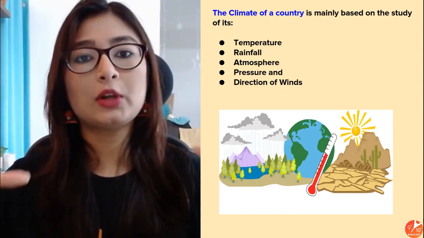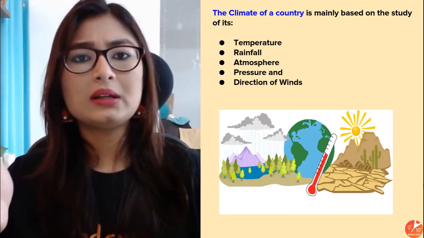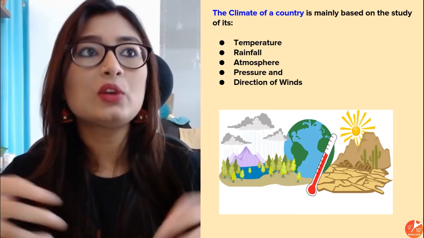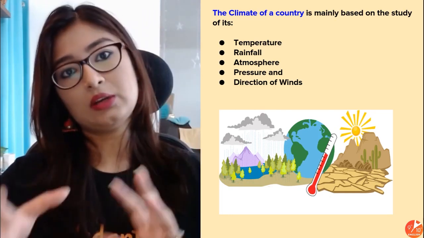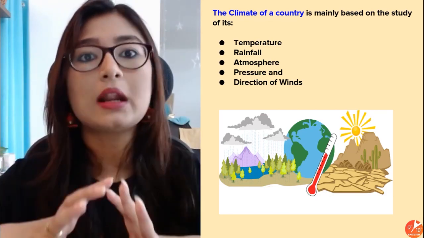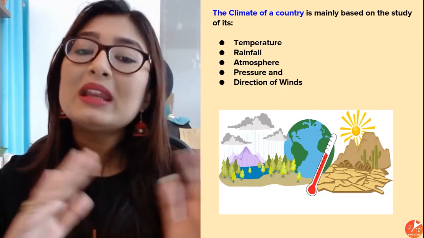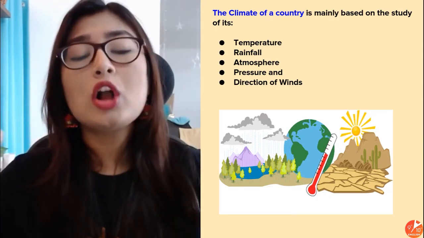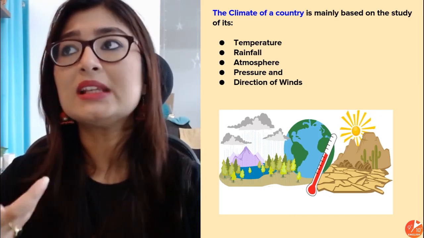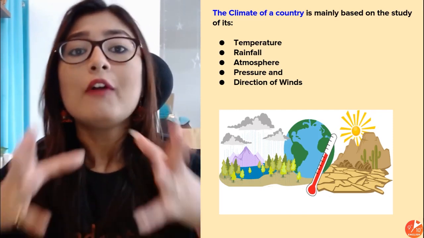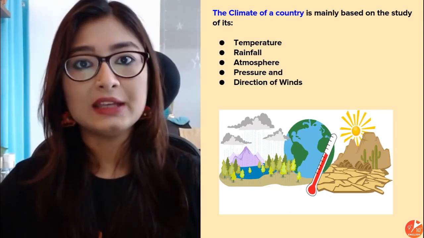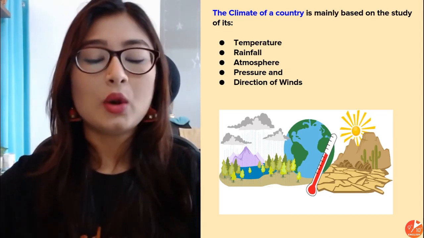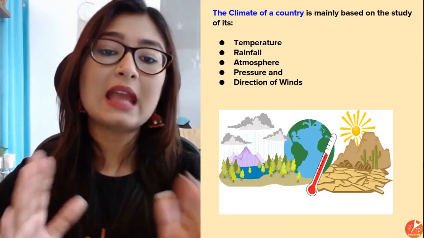You can talk about a particular city or town or district or maybe state at max, but you cannot consider the whole country. Climate, on the contrary, refers to the sum of the total weather conditions and its variation over a very long period of time, mostly considered somewhere around 30 years, for a very large area of land, for example for India. So that is the difference between climate and weather.